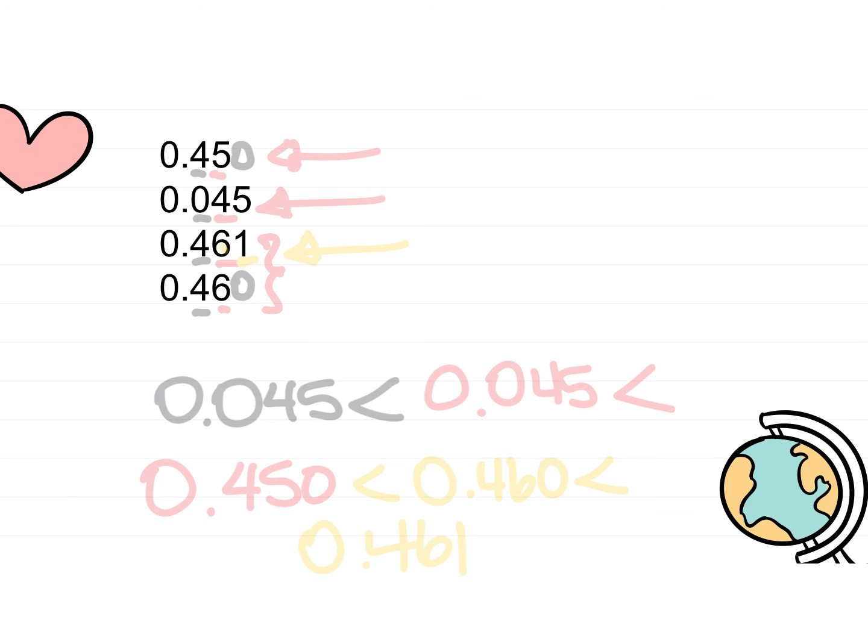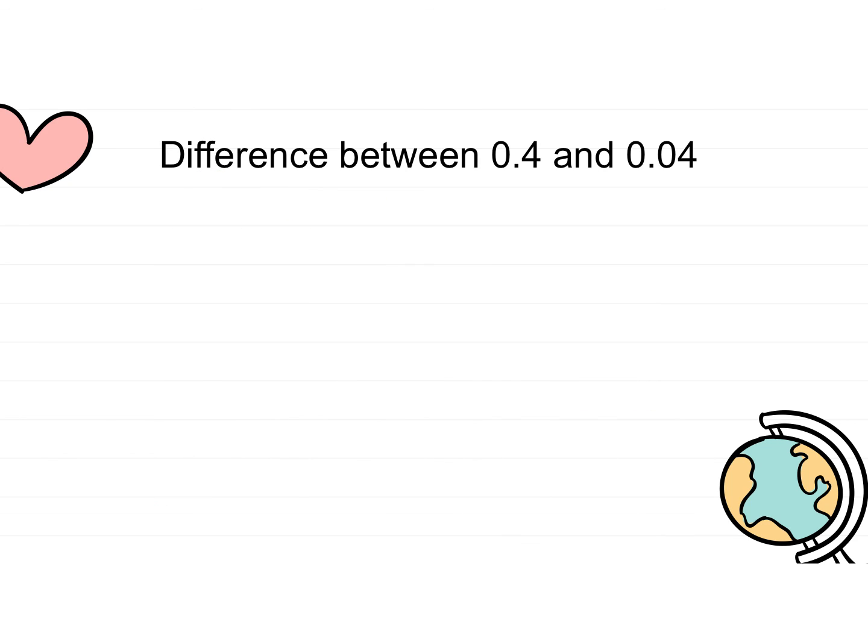Remember, the easiest way to do it is, if you have numbers that do not have the same amount of digits after the decimal place, just put zeros in that place so that it's easier to compare. Now let's look at this last one. The difference between 0.4 and 0.04. If you have 40 cents and you have 4 cents, those are two different things.